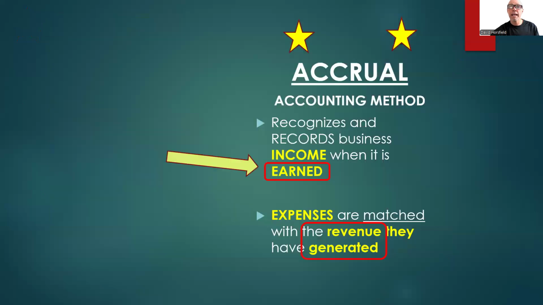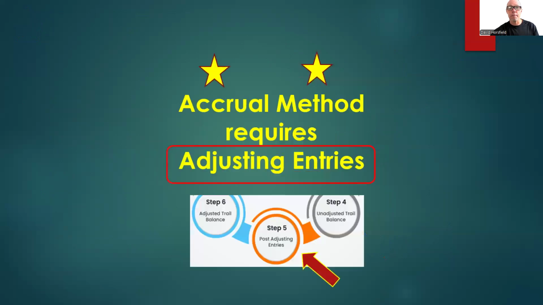So with accrual accounting, income is recorded when it's earned and expenses get matched with revenue. We take some of that expense, break it up, and chunk it into different periods of revenue. Most businesses use accrual accounting because it brings more accuracy. Accrual accounting requires adjusting entries.